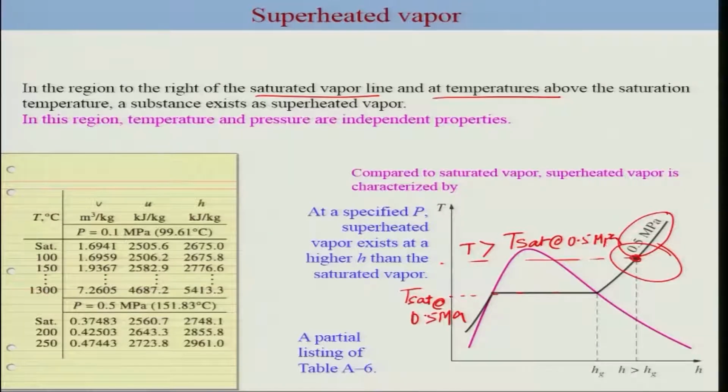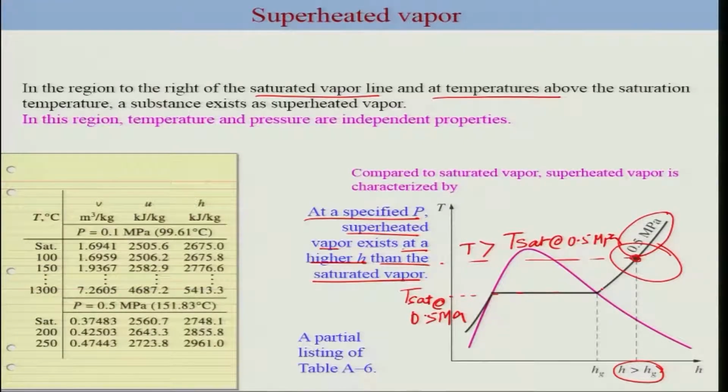So this is indicative of superheated vapor. It's also obvious from this diagram that the enthalpy of superheated vapor should be more than the corresponding value at saturation, hg. The reason is that you have imparted more heat to the system, and that is transferred into the enthalpy. So at a specific pressure, superheated vapor exists at a higher h than the saturated vapor.